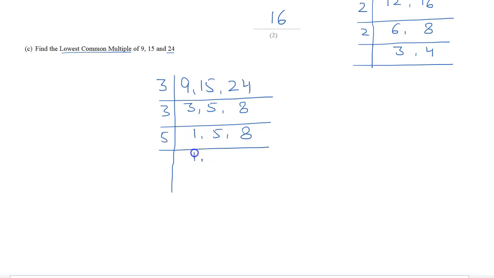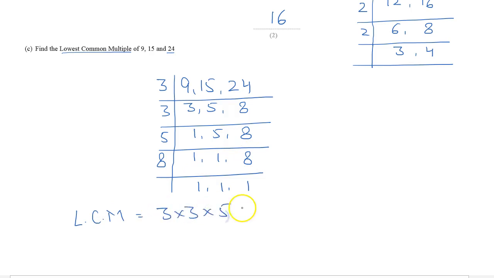By 5, 1, 1 and 8, and straight away without wasting time we can write 1 here because there is no other number. So our LCM is 3 multiply 3 multiply 5 multiply 8.